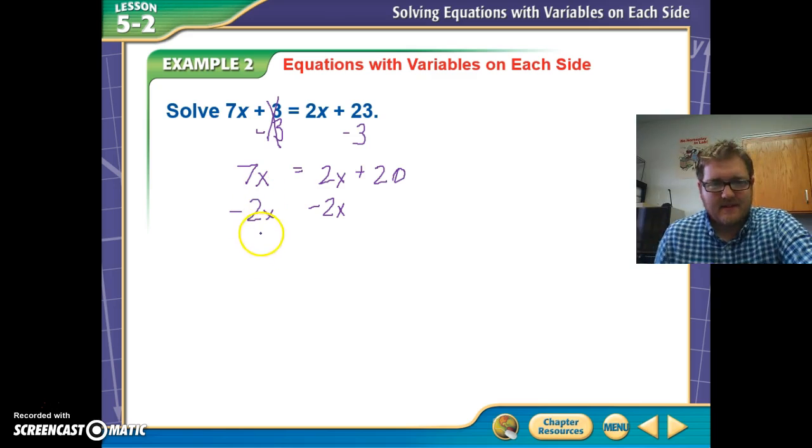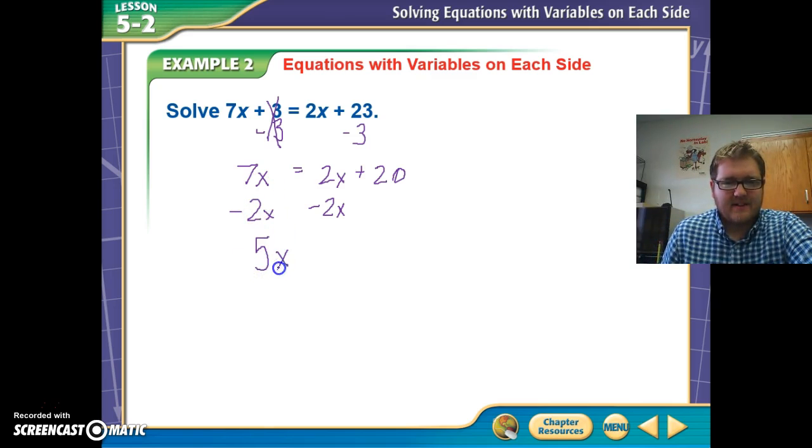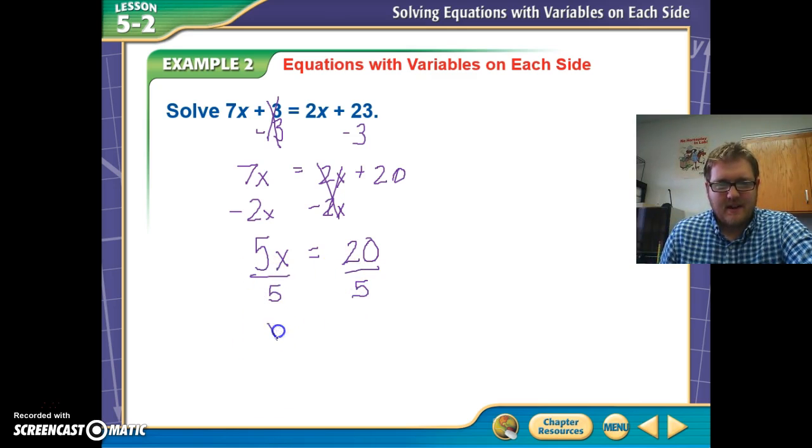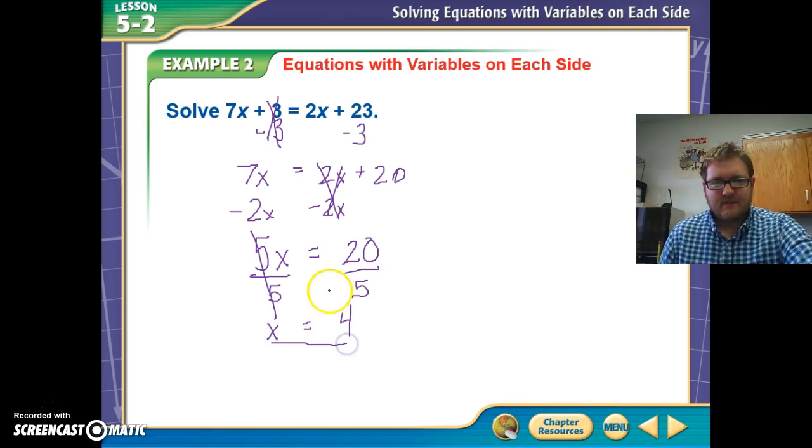We get 7x minus 2x on the left, which is 5x. On this side, our 2x's cancel out, and we get 5x equals 20. Again, divide by 5. We get 1x on this side and 4 on this side, so my answer is x equals 4.